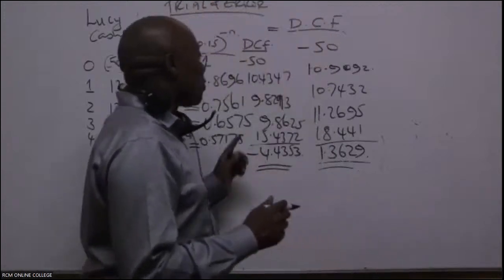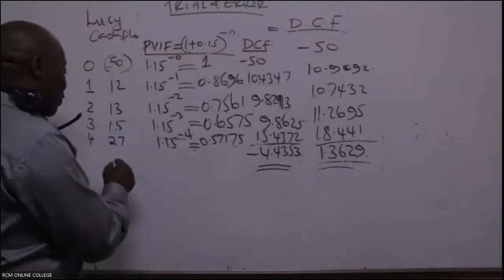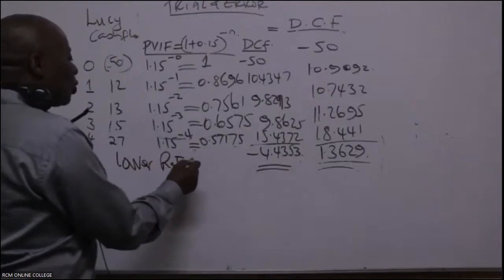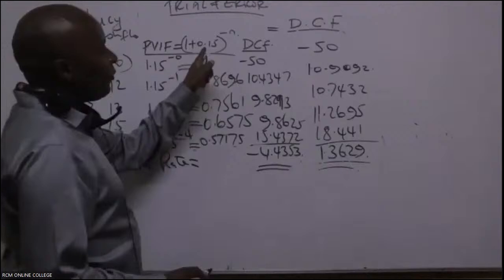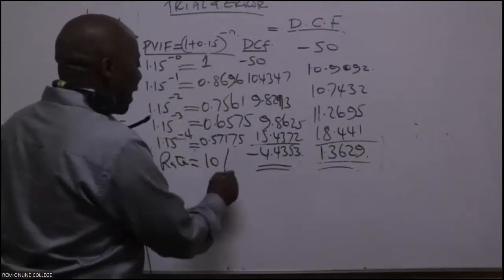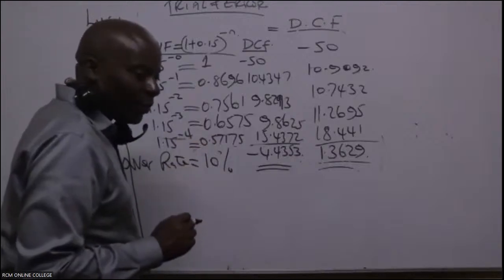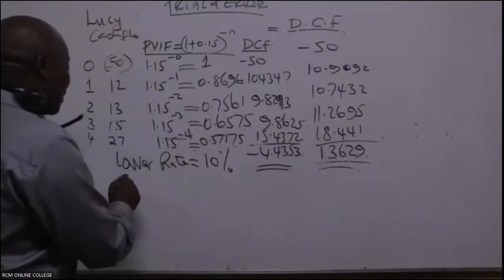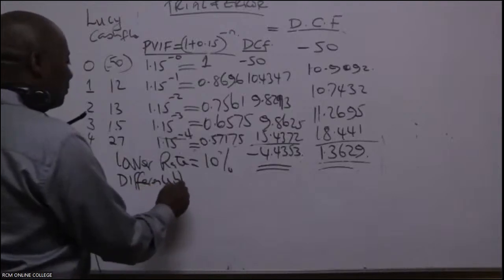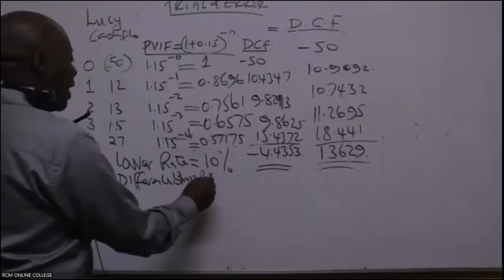So then what I need to do, I just need to identify a few things. I would want you to give me the lower rate. So now we have got two rates, 10% and 15%. The lower rate is 10%. And then give us the difference between the rates.